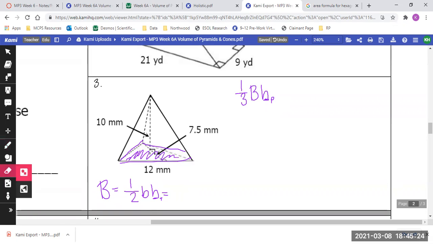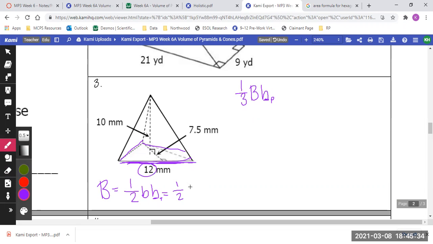All right. Let's figure it out. 1/2 my base. That is going to be how long this is. Well, that is 12. 1/2 of 12 is 6, but I'm just going to keep going. And then my height of this triangle has to come down at a 90-degree angle, and it does here at 7.5.